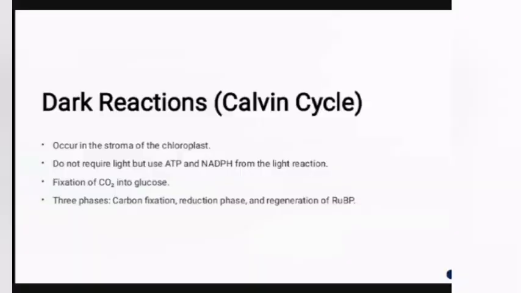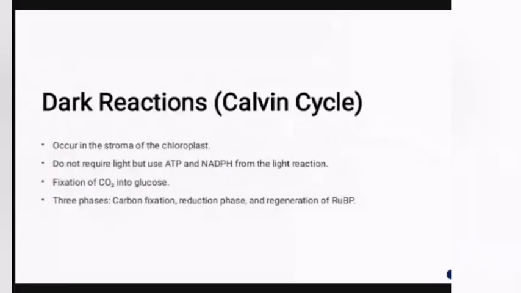Now, the dark reaction does not require light. Remember, light reactions occur in the presence of sunlight. But then NADPH is produced from where? From the light reaction.